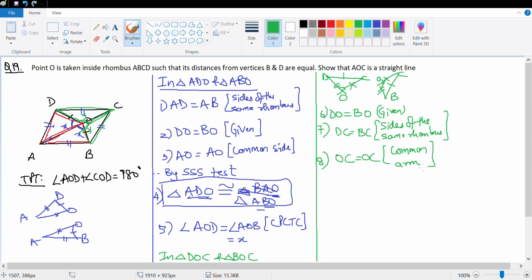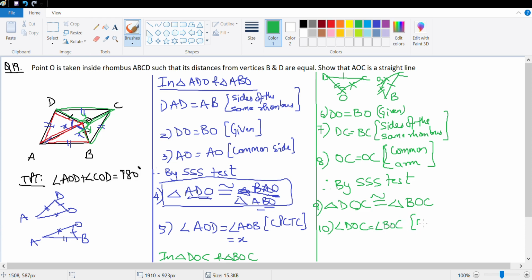Some people write common arm, some people write common side. That's fine. Therefore, by SSS test, triangle DOC is congruent to triangle BOC. Perfect. This is my number 9, and what it gives me is angle DOC is equal to angle BOC. This is CPCTC, equal to Y. Perfect. Let's see how this helps us get our answer.